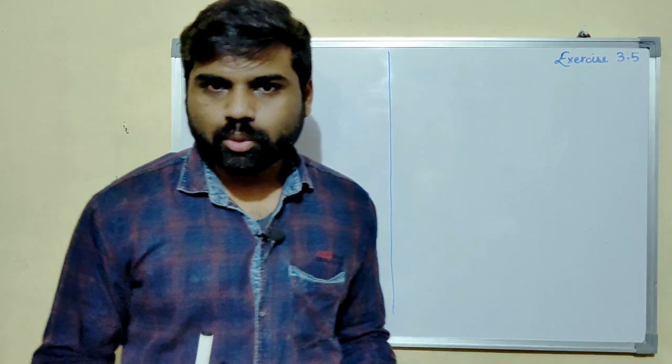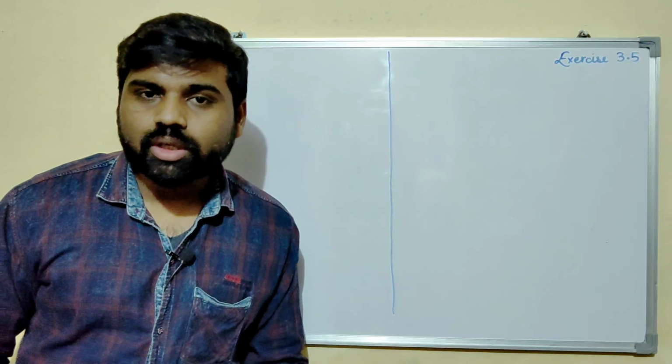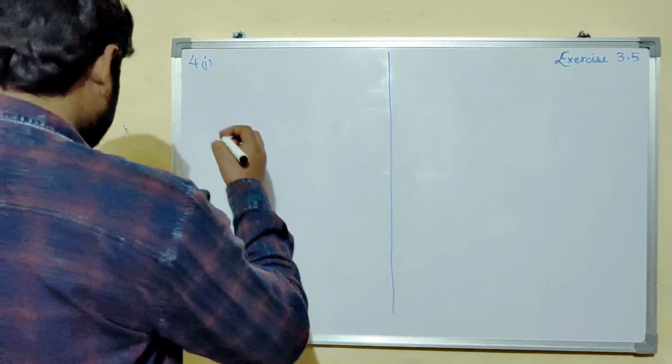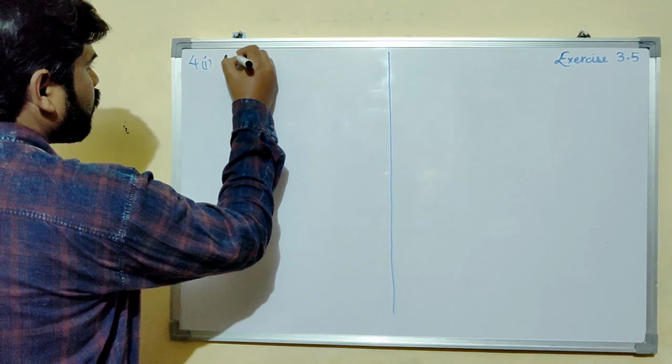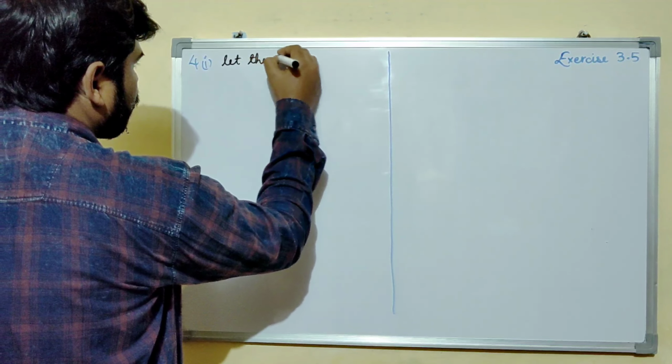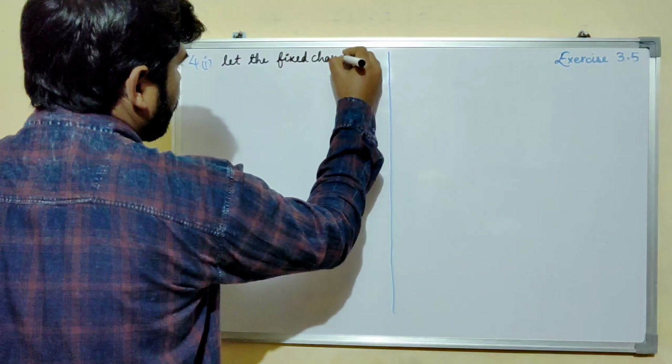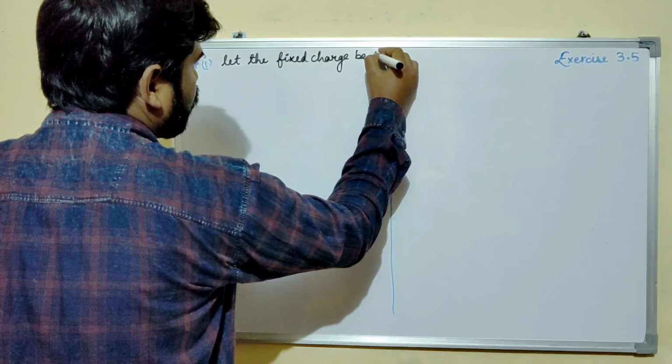Now this is a similar question. This question is similar to the taxi one, right? So let us assume the variables first. What are the variables? Let the fixed charge be x rupees.